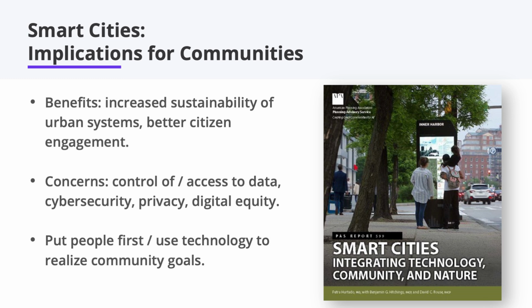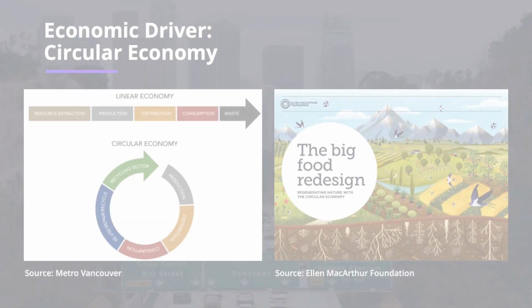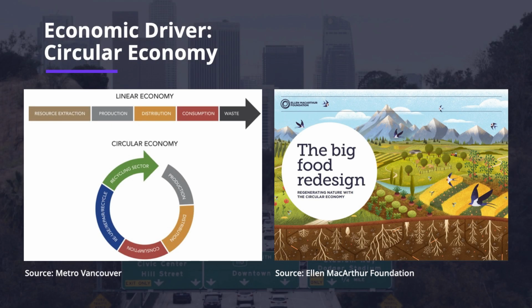But there are concerns about the digital divide, digital equity, control of and access to data, and things like cybersecurity and privacy. So it's a mixed bag at this point, and we're still looking at how it will all play out. But what I think the key is, is to put people first and harness technologies to support community values and realize community needs.